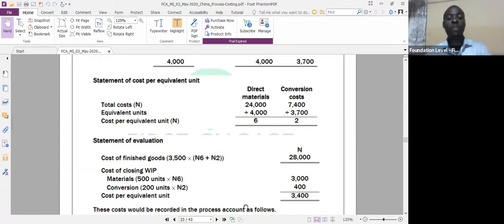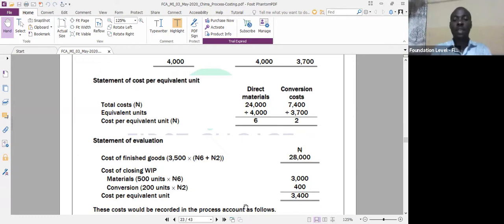So when you multiply 500 times 6 naira, you have 3,000 for material. Now equivalent unit for conversion is 200, and the unit cost is 2 naira. It is 400 naira. So you add them up together, you have 3,400.